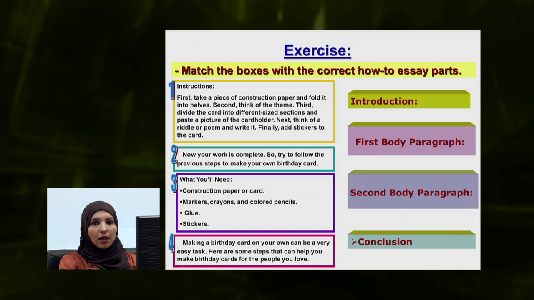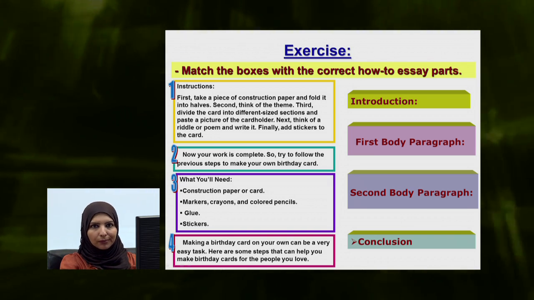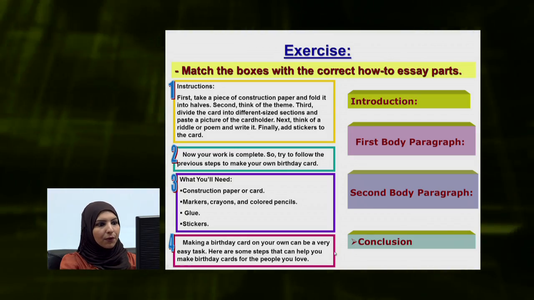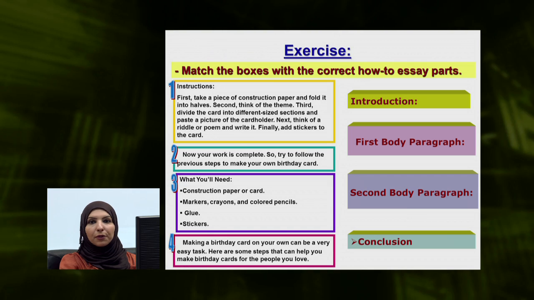Let's read the last box, which is box number 4. Making a birthday card on your own can be a very easy task. Here are some steps that can help you make birthday cards for the people you love.